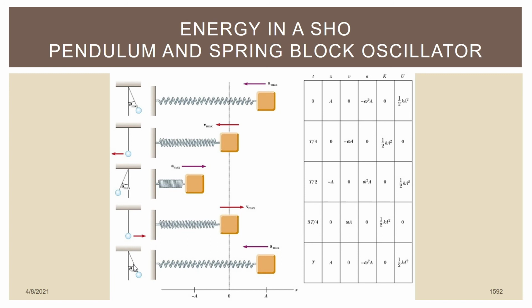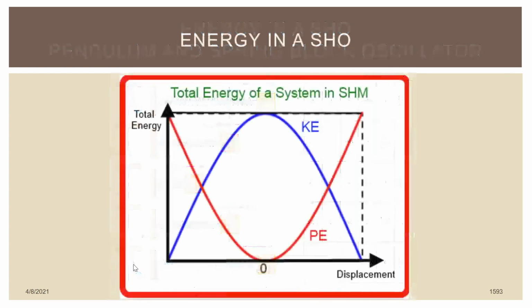Also, when we were talking about the spring block oscillator, we took a look at a graph of the kinetic energy and the potential energy, and it should come as no surprise to anybody that this graph for a pendulum's energy when it's experiencing simple harmonic motion looks exactly the same. Here, it's important to realize displacement being 0 in the middle here tells you that that's the equilibrium position. Notice that's a spot where it has all kinetic energy and no potential energy.